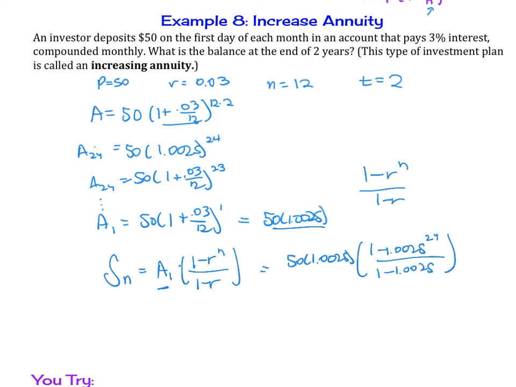Okay, so we're just plugging in those values, the R value here, this is our R. And then when you plug it all in your calculator, making sure you're using enough parentheses, you get approximately 1,238.23.